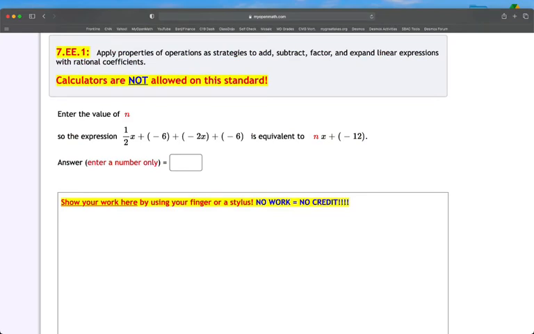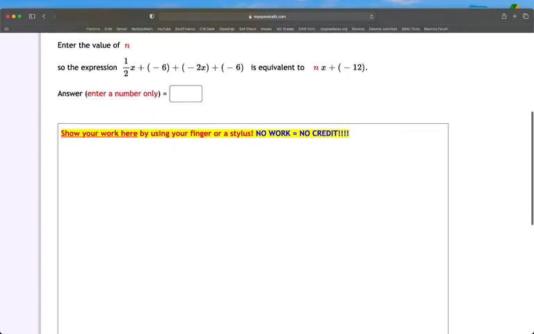With the standard 7.EE.1, where we are to apply properties of operations as strategies to add, subtract, factor, and expand linear expressions with rational coefficients, calculators are not allowed in this standard. We may be presented with a problem like this, where we are asked to enter the value of n.